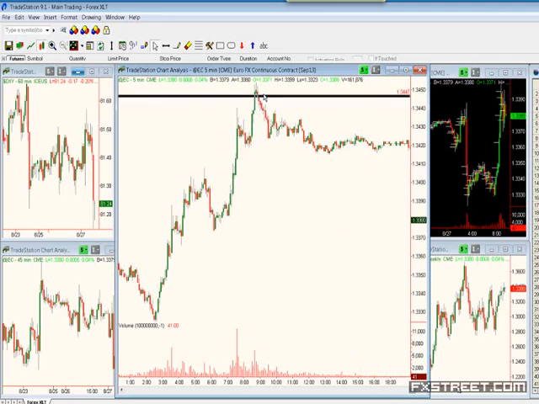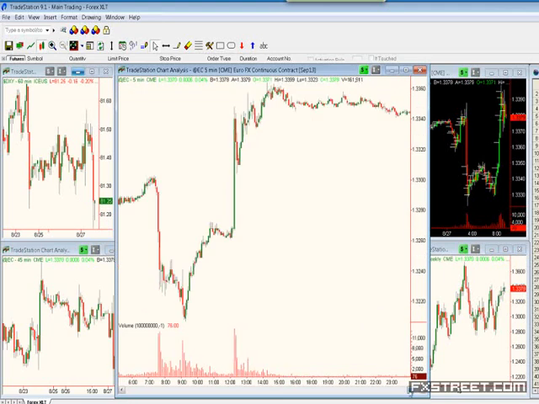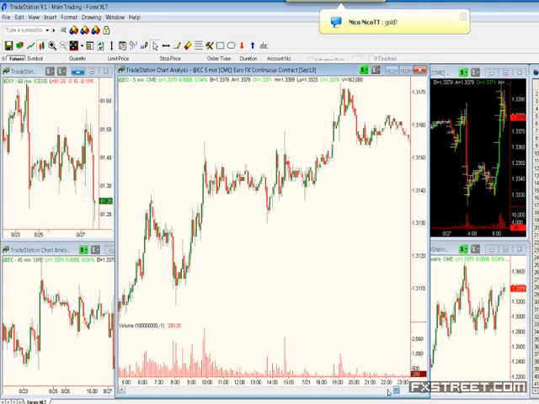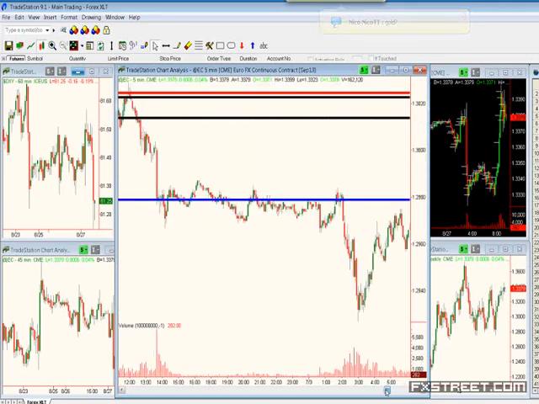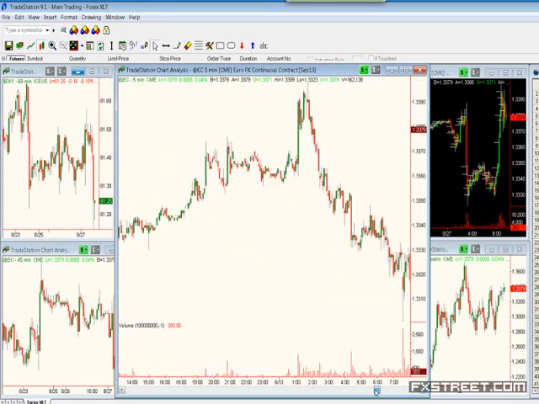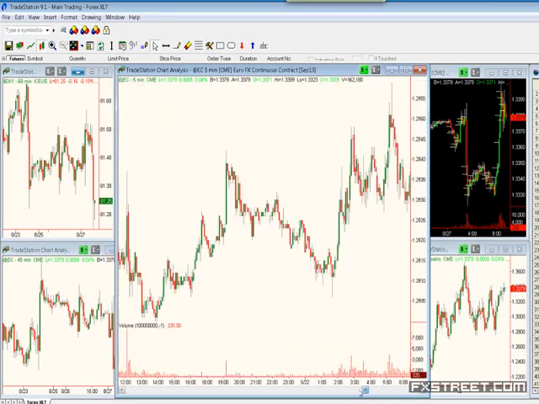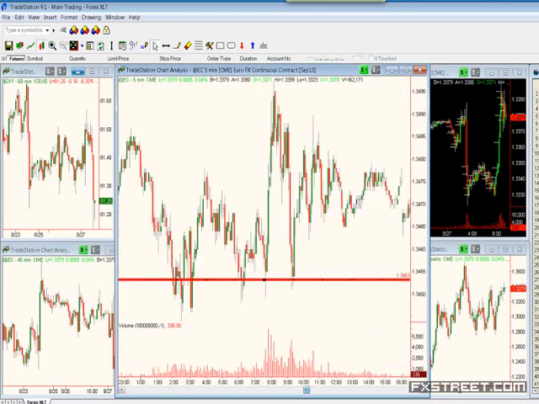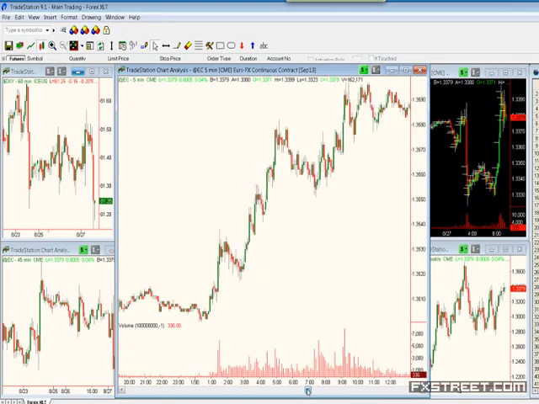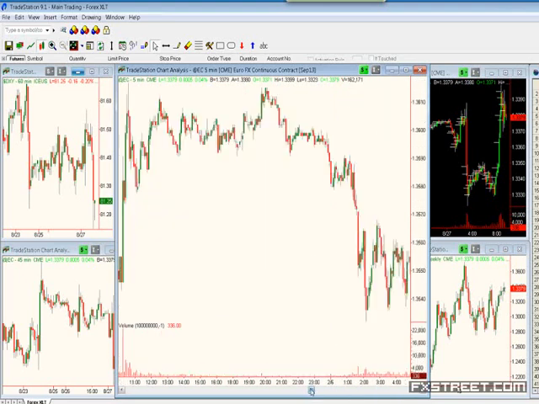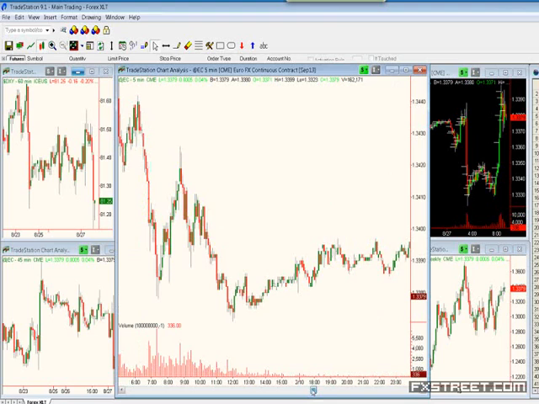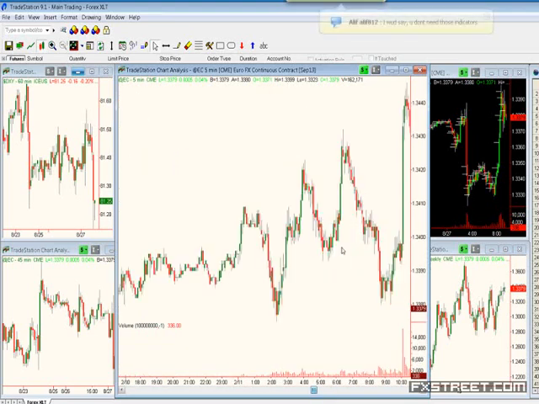Now we're above 134.50, so I'm not going to go too high. Okay. Yeah, we just scroll back pretty far. There it is. Ooh, great levels up here.